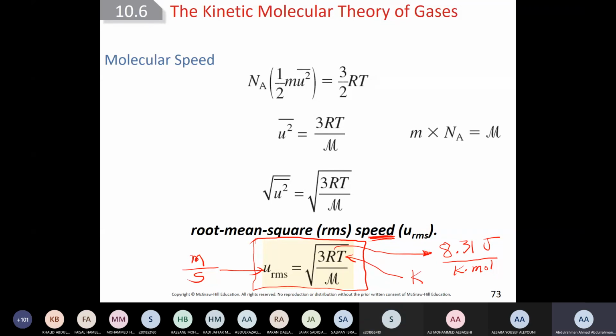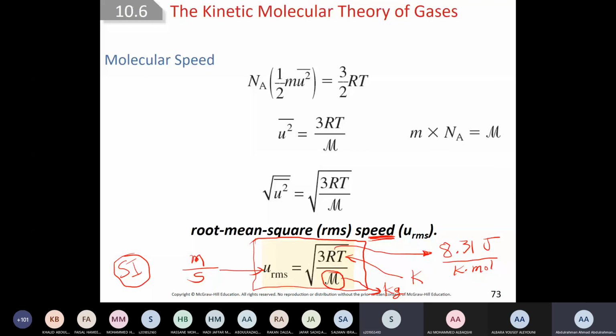What's M, by the way? Molar mass. But since we want SI units, what's the unit? Kilogram. Is this clear?